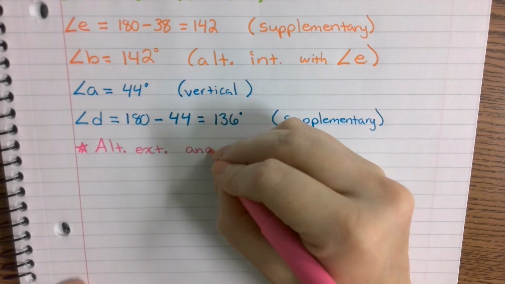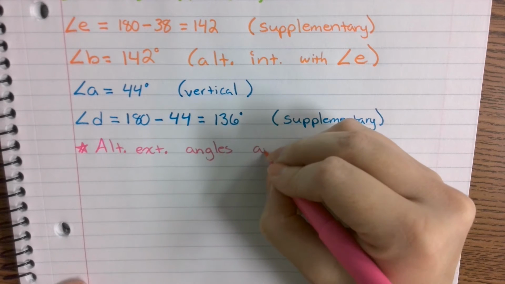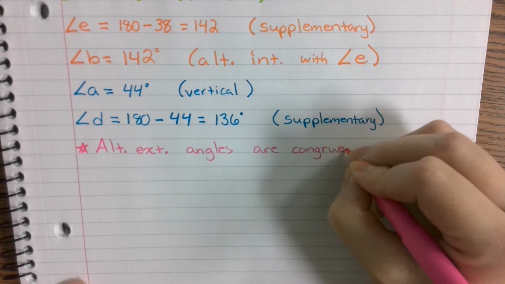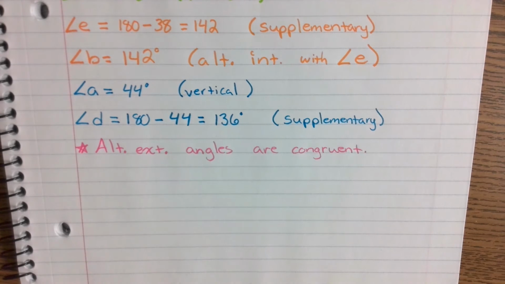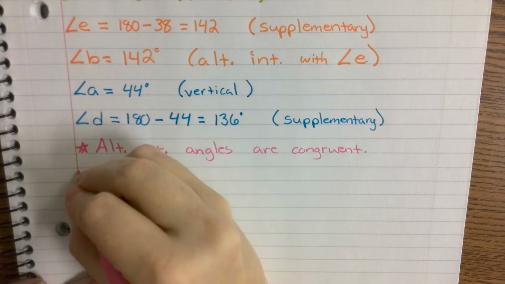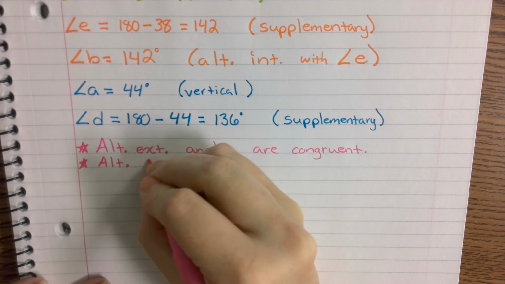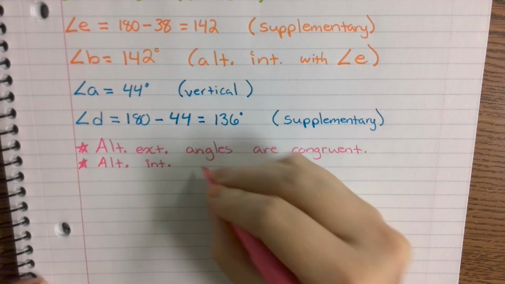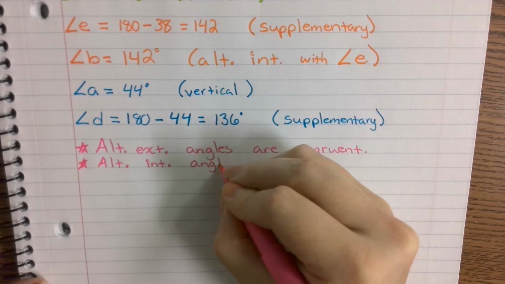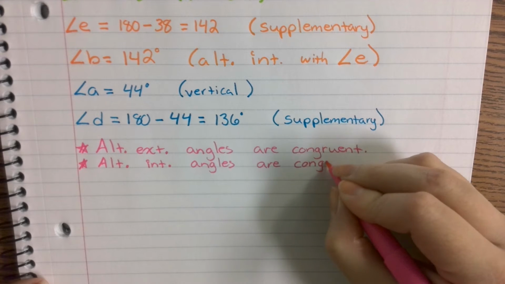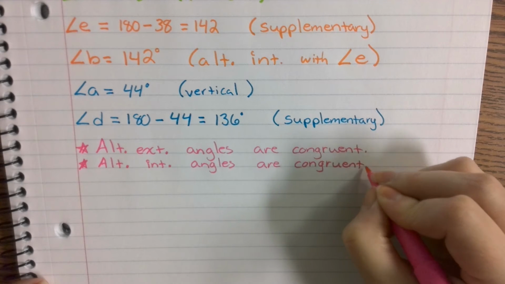Alternate exterior angles are congruent. Alternate interior angles are congruent. These are things we know already. We talked about this on Monday.